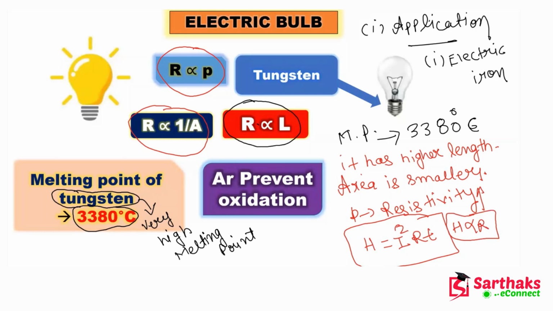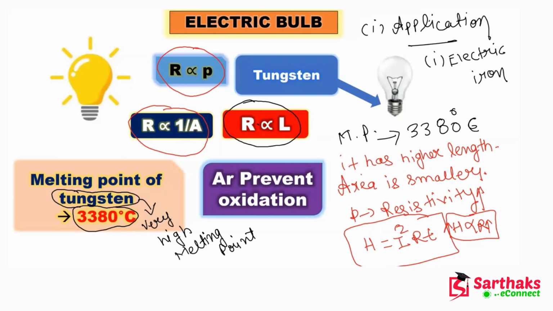So we need high heat energy, and to increase heat energy, we have to increase the resistance. So these properties of the tungsten wire make its resistance very high.